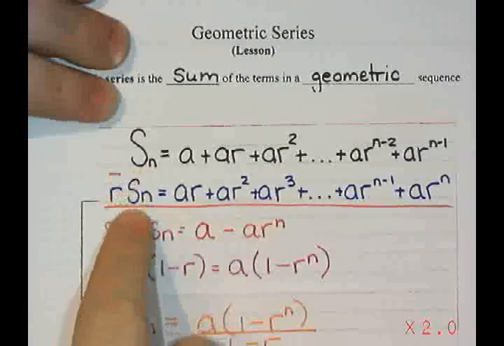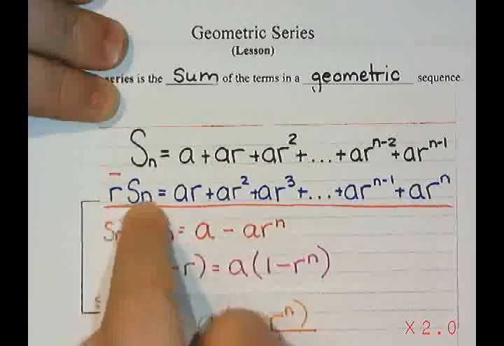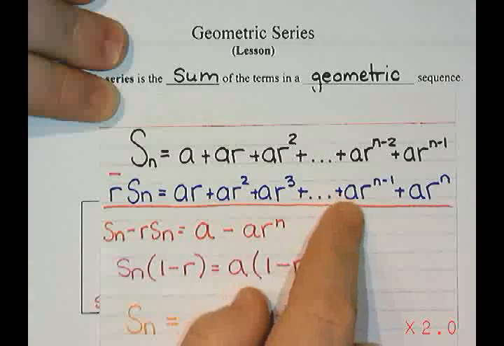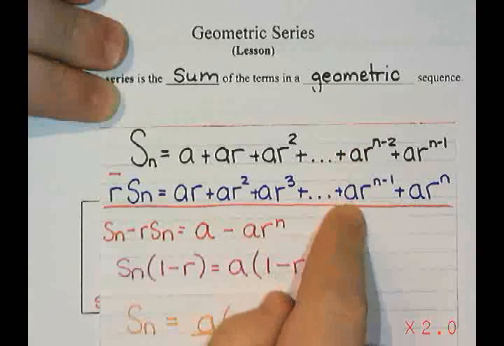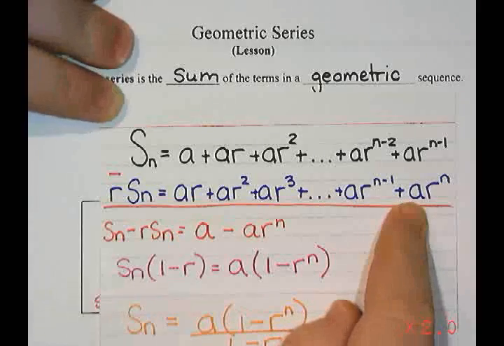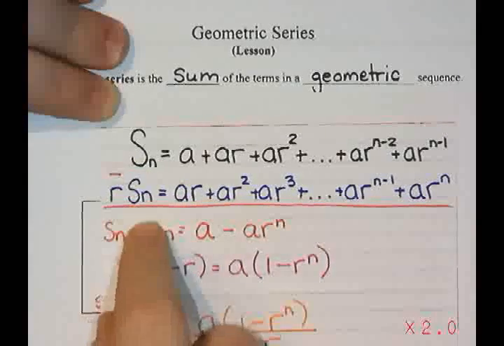So what they did was they took Sn and they multiplied it by R. So we just took all of the terms, multiplied by R. So here we ended up with A times R to the n minus 1, and here A times R to the n. And then they subtracted the 2.